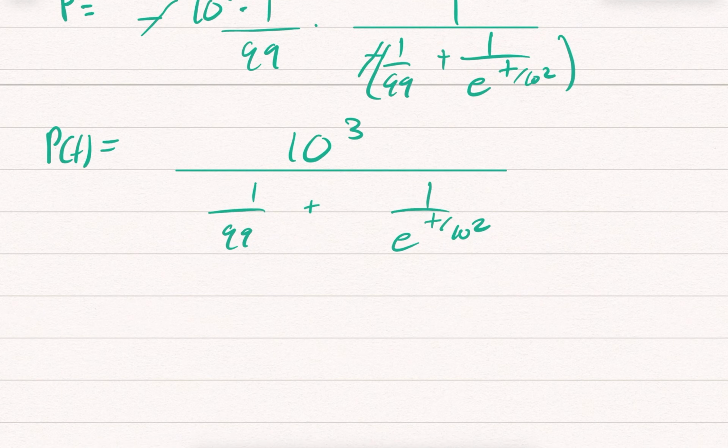So then I multiply 1 over 99 times this. I'm probably going to get something like 99 times this. Hold on. Let me make sure about the limiting value.